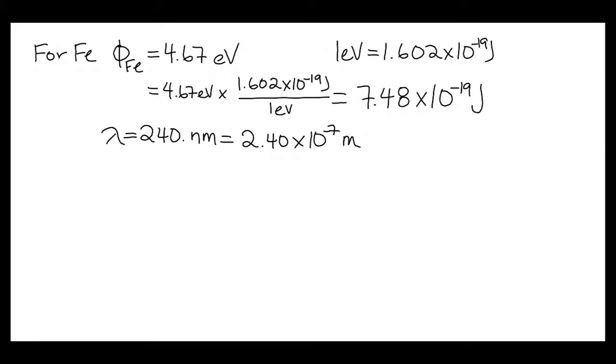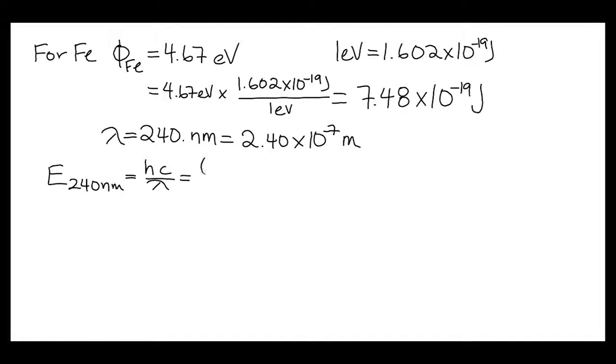The next step is that we want to calculate what the energy is of the photon that has a wavelength of 240 nanometers. And so to do that, we will use the equation where energy is equal to hc over lambda. h is Planck's constant, c is the speed of light, and lambda is the wavelength.